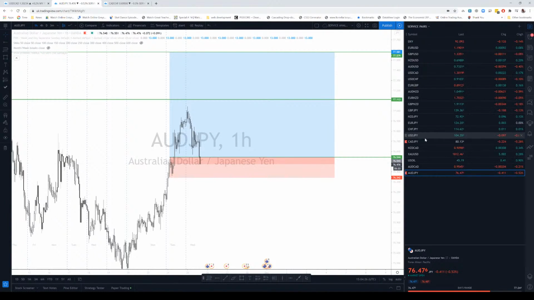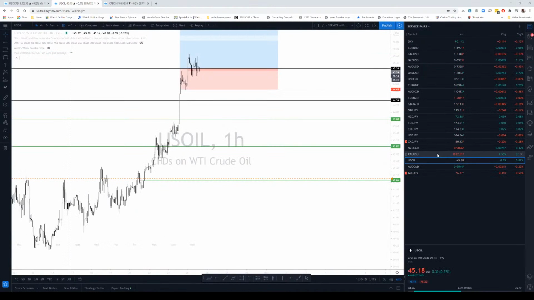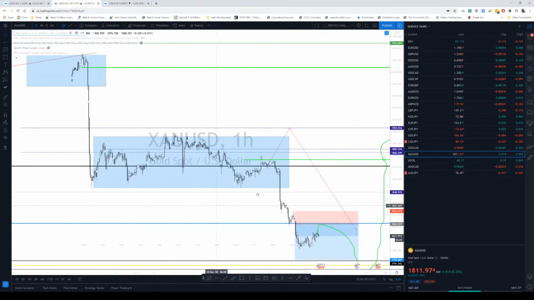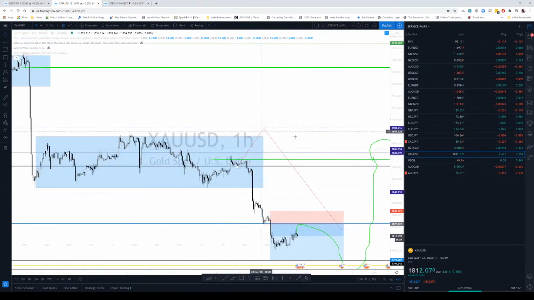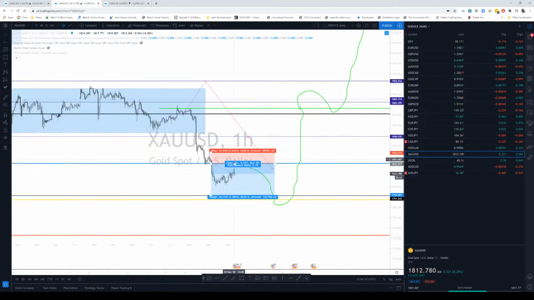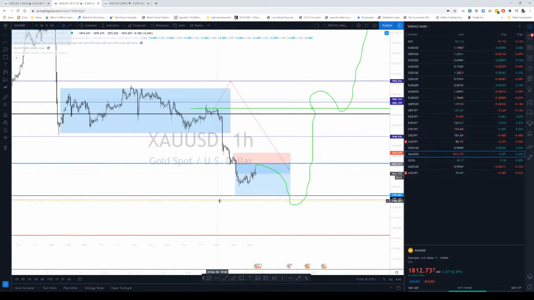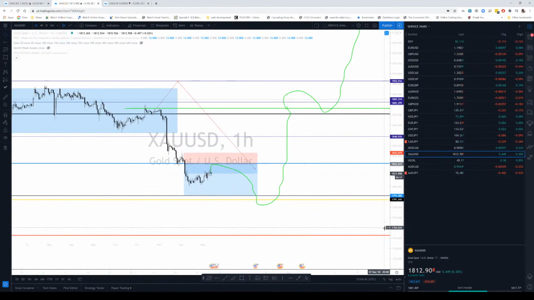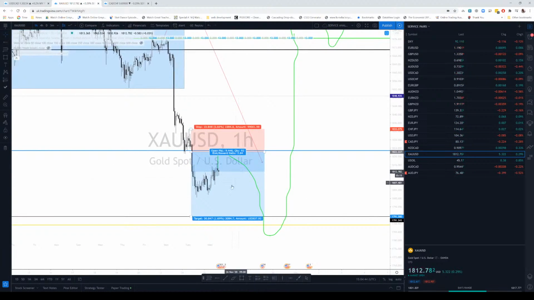So gold, someone asked for gold. So gold, I am expecting gold to drop maybe from here if it does get up there, and then my target is this low. So on gold, I'm expecting it to drop here, and then I will start looking for a consolidation again.